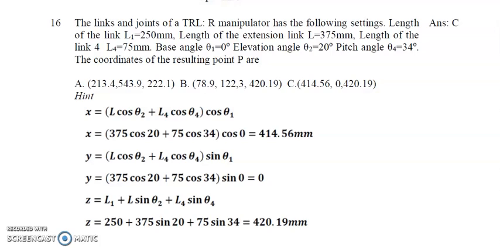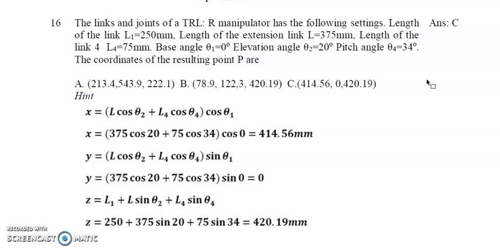I'll recommend one thing. Before going to this MCQ, please go through the derivation once. Then you will understand what the link values are, what is L1, what is L2, like that. So I'll recommend Robotics by Dale for your reference. If you can get it, please go through that before going into the problems.